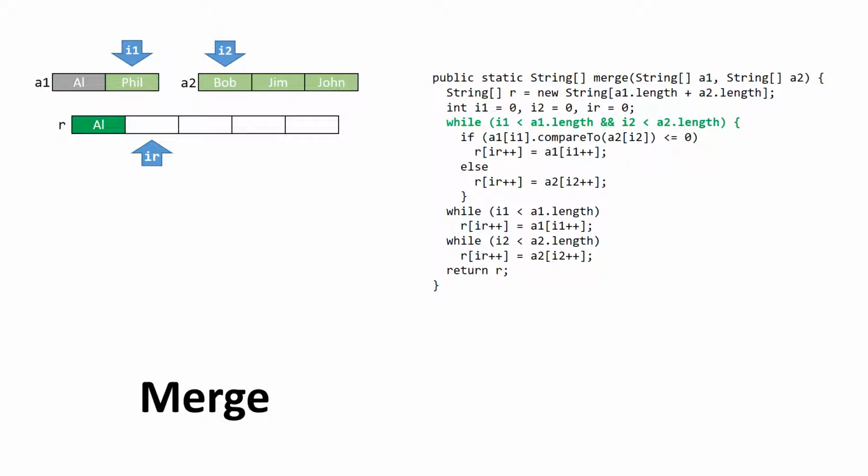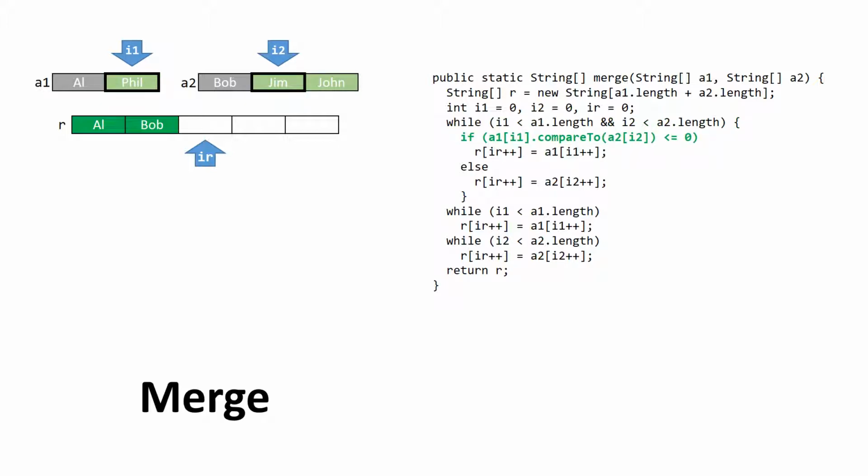We return to the while loop, and we're not done with either array yet. So we move on to the next comparison, and here the second list wins, and so we increment those 2 pointers and move Bob in. Back to the while loop, where we confirm that we're not done with either list yet.